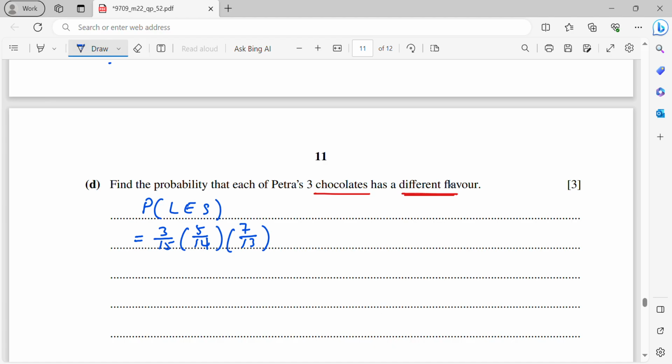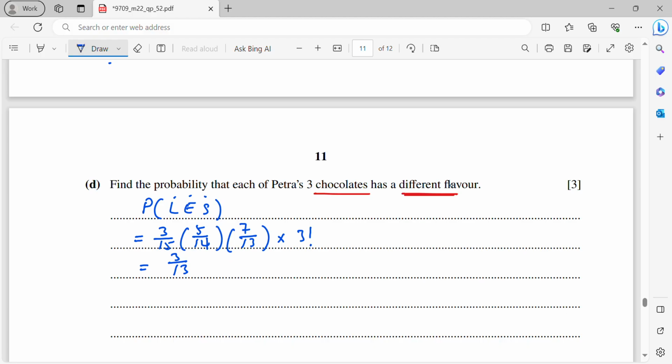Now if you use this method, then you have to times 3 factorial, because it can be in any order. It can be LES, ELS, SLE, and so on. So the 3 factorial is to consider the arrangements, right? Then from here, when you simplify, you will be getting this answer. It will be 3 over 13. Okay?